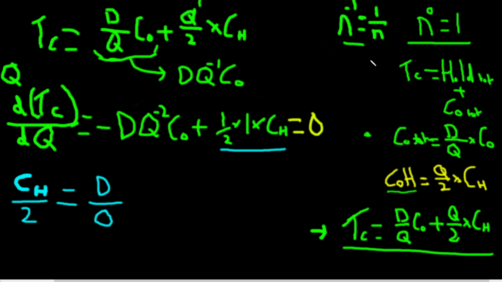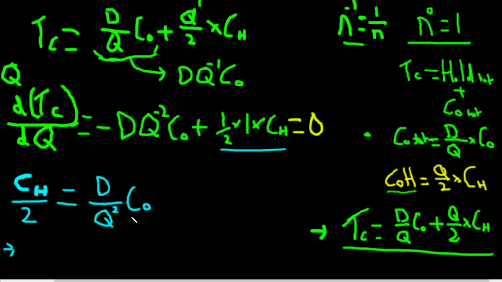Do you remember our rule up here? If it's to the -1, it's 1 over. So if it's to the -2, it's 1 over whatever it is squared. So we get that squared times cost of ordering.